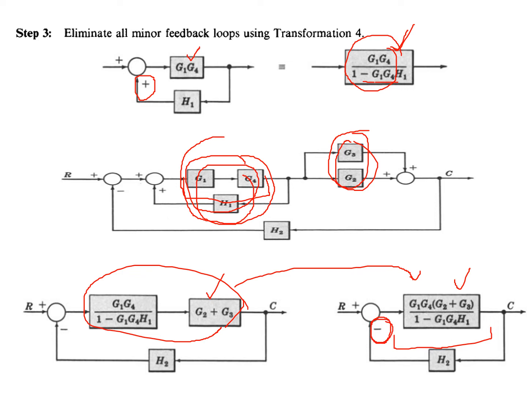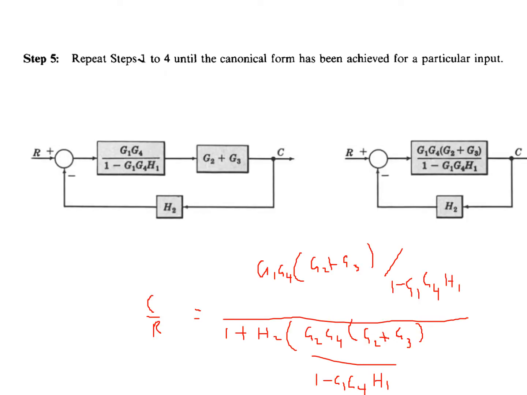By using the feedback property we are going to reduce this feedback loop into a single block consisting of the transfer function, that is C of S by R of S. These two blocks are connected in cascade, so they are represented by a single block having this transfer function, and this is the negative feedback path.